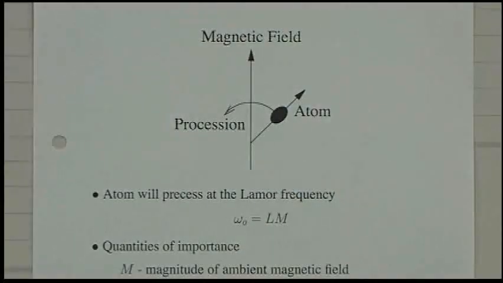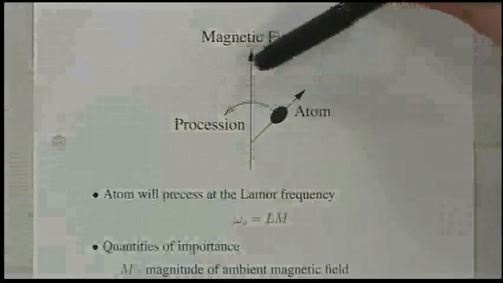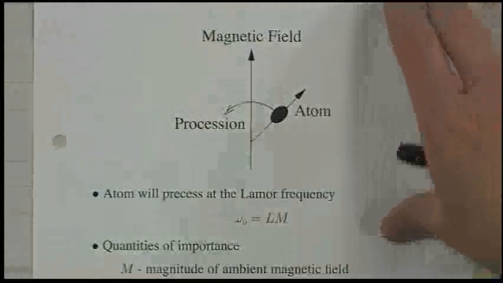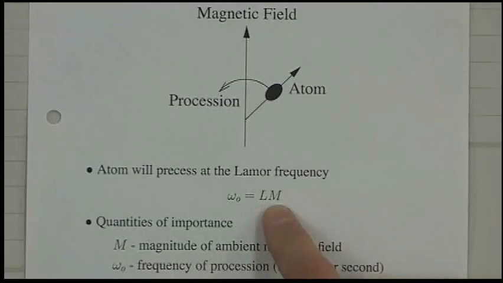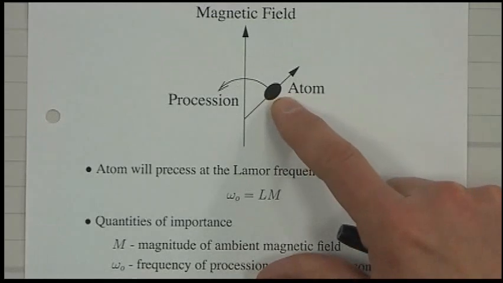And it turns out that the frequency of precession around that axis is proportional to a fixed constant times the magnetic field strength for any particular nucleus.